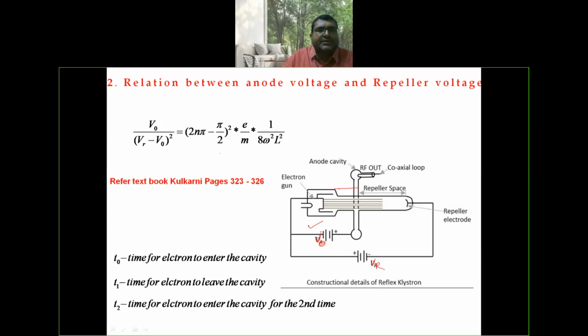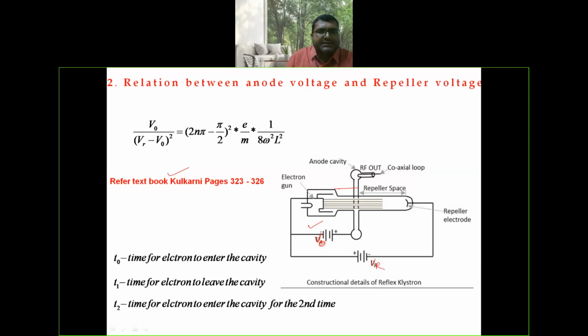The relation is as follows: V0 by (VR plus V0) whole square is equal to (2n pi minus pi by 2) square into e by m into 1 by 8 omega square L square. You can go through the derivation available in the textbook by Kulkarni, pages 323 to 326.